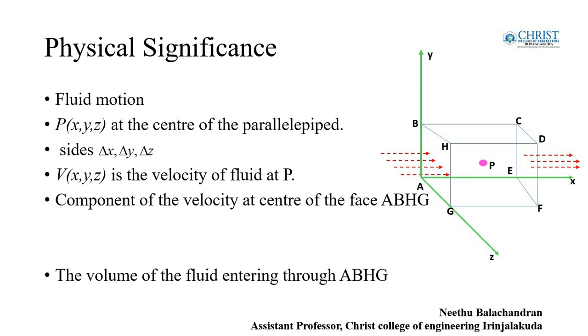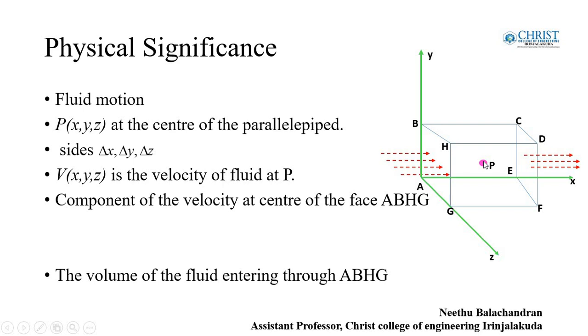The component of the velocity along the x-axis is Vx. I have represented a rectangular face here, that is A, B, H, G. Let's see what the component of the velocity is along this particular area. The initial velocity was Vx, and since the fluid is flowing in, there will be a minus sign. Something happens to the fluid while traveling along the x direction.